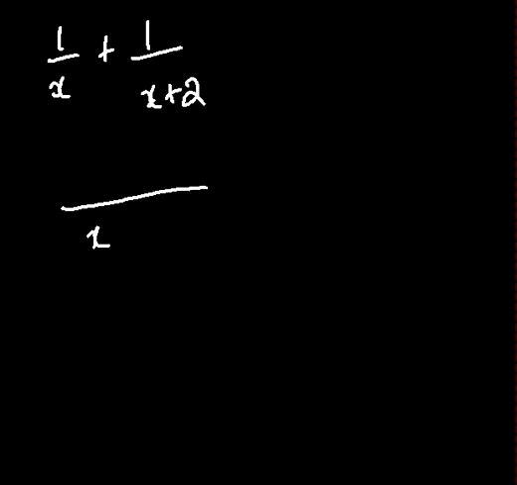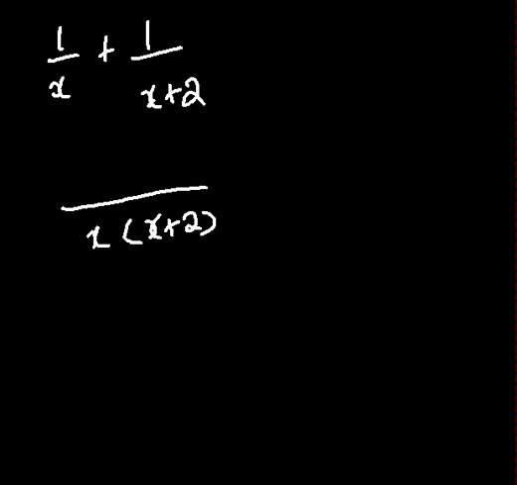And what if we have, let's say, 1 over x plus 1 over x plus 2? So how do you think we can have this? The principle remains the same. What is the common denominator? We have it as x times x plus 2. So in this case, we'll have x plus 2 into x times x plus 2.